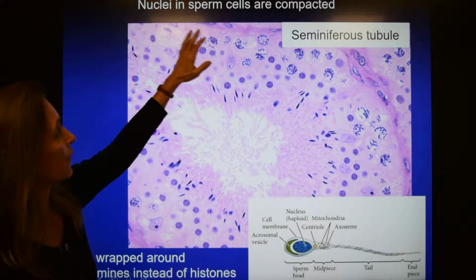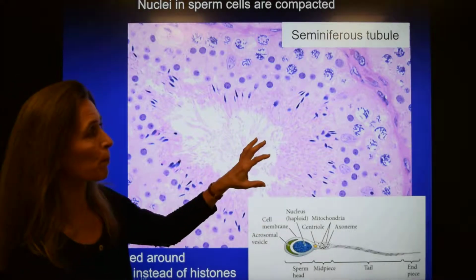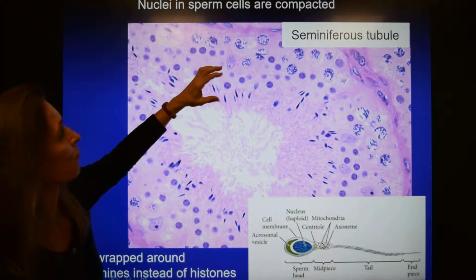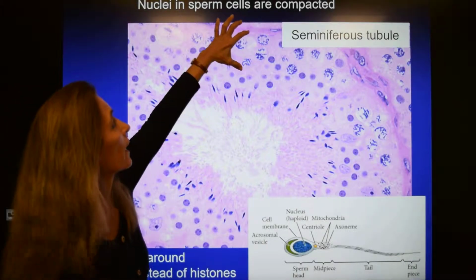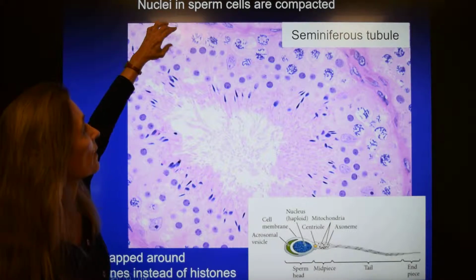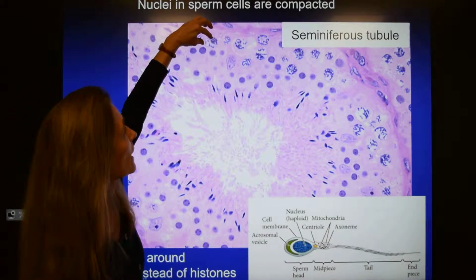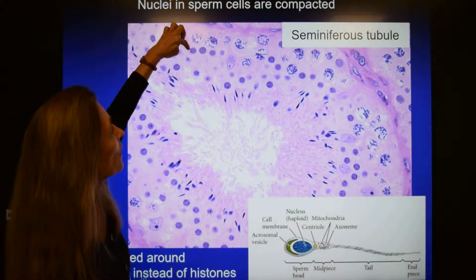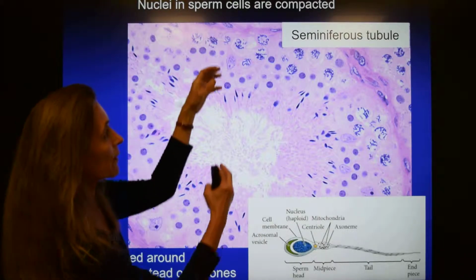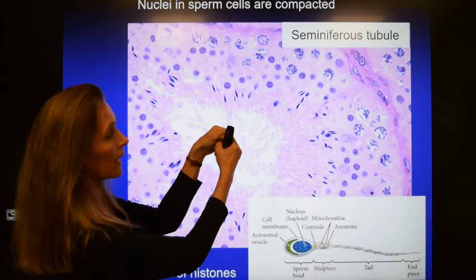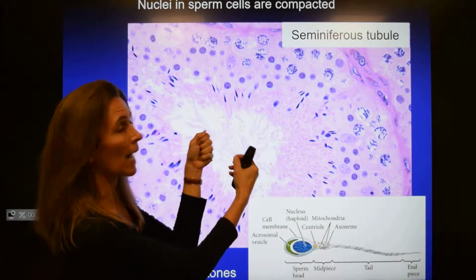And if you look here at the seminiferous tubule where the sperm is synthesized in the testes of males, you can see these are the cells from which the sperm develops or differentiates. These are the stem cells here, and how big their nuclei are. And then they undergo meiotic division, so their genetic material is divided in half, basically.